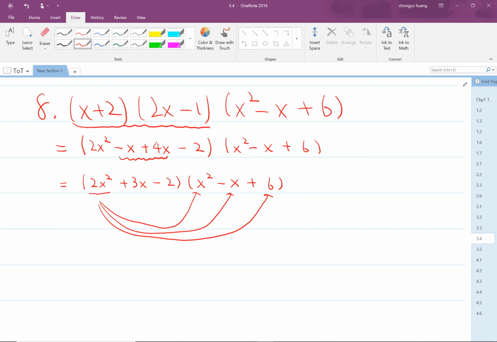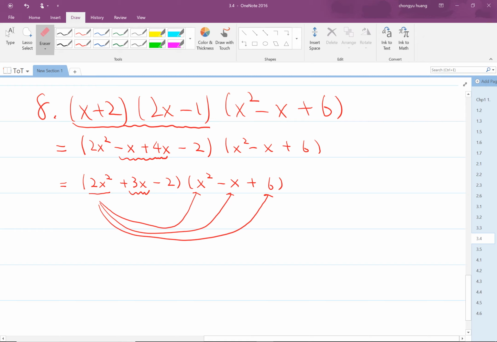We have to just multiply 2x to the power 2 by those 3 terms on the left hand side, and the same thing for 3x, and the same thing for -2.